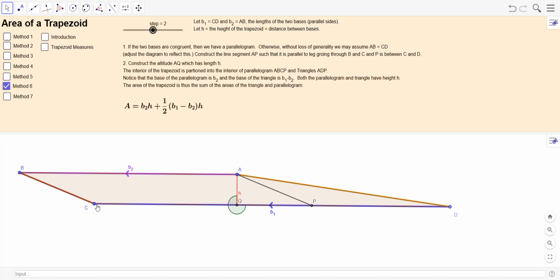The parallelogram has base 2 times the height, and the triangle, well, what's left for the triangle turns out to be base 1 minus base 2 is what we have.